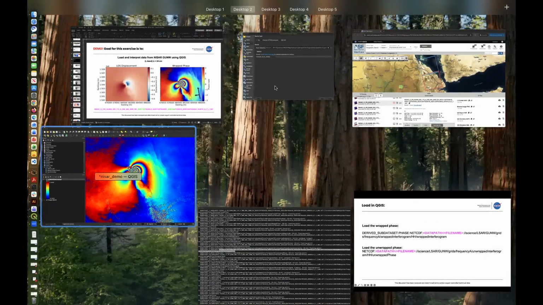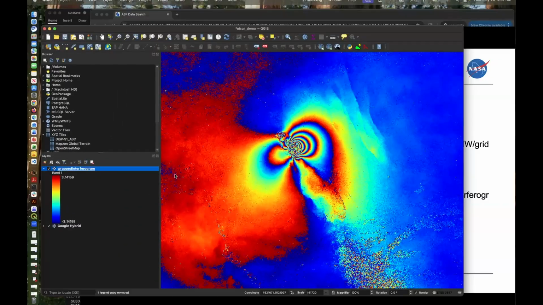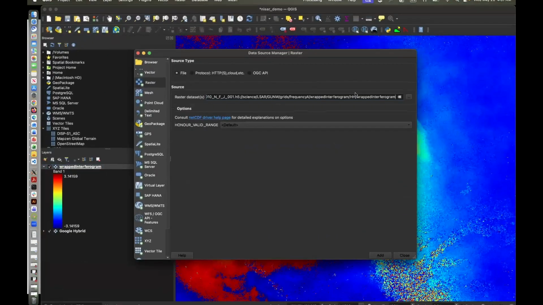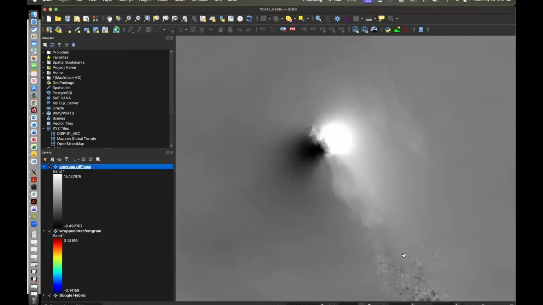Okay, if we go back to QGIS. Here, so we want the unwrapped interferogram and then the unwrapped phase layer. Okay, let's see if that works. Okay, that works.